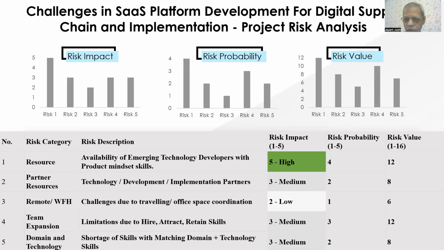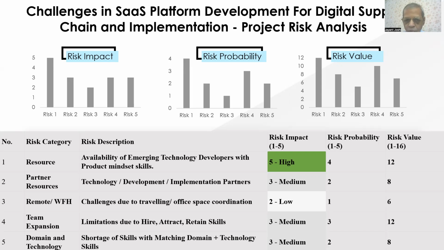The risk value is considered to be a combination of risk impact and risk probability. The different risk factors I just listed over here, and the risk description. And then I have given point factors from 1 to 5, 1 to 16.